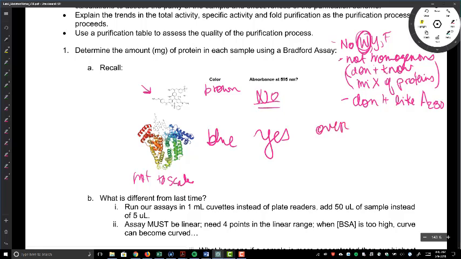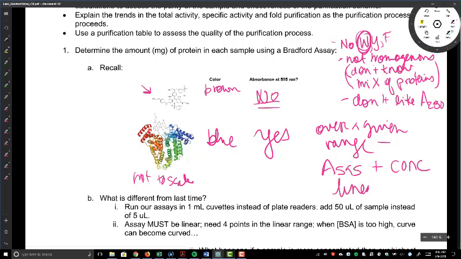And then over a given range, the relationship between A at 595 and concentration is linearly proportional. And it's really important for accurately quantifying protein concentration that we are in that area of linear relationship.